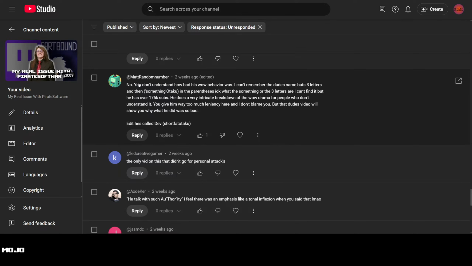This is correct. I don't understand how bad this WoW behavior was because I have not played hardcore WoW. Getting interested now and at level 62. What's the max? Is there a max level in Guild Wars? I know next to nothing about the game.